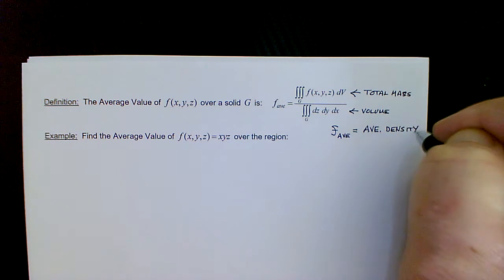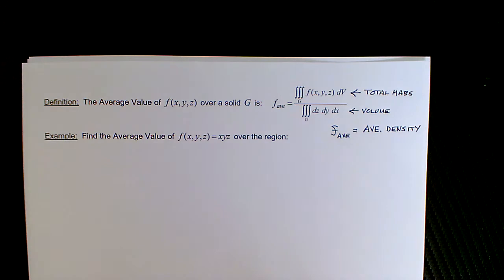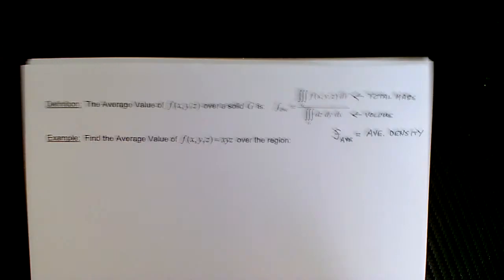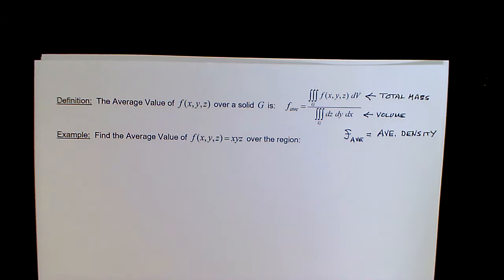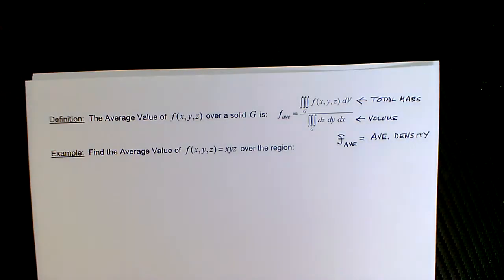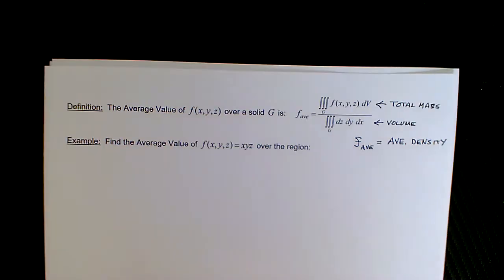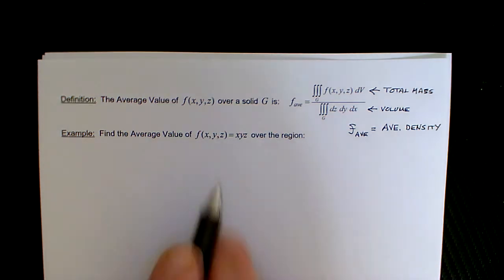So in any event, we just have to basically grind through and obtain the numerator and the denominator respectively. So here's our example. Over the region, okay, so I need a sketch for the region here.